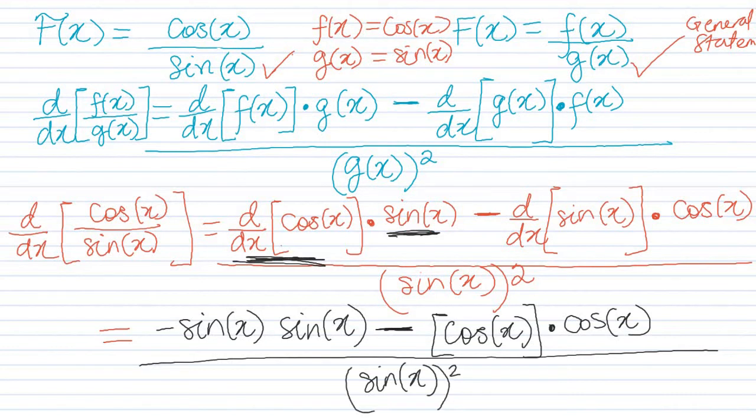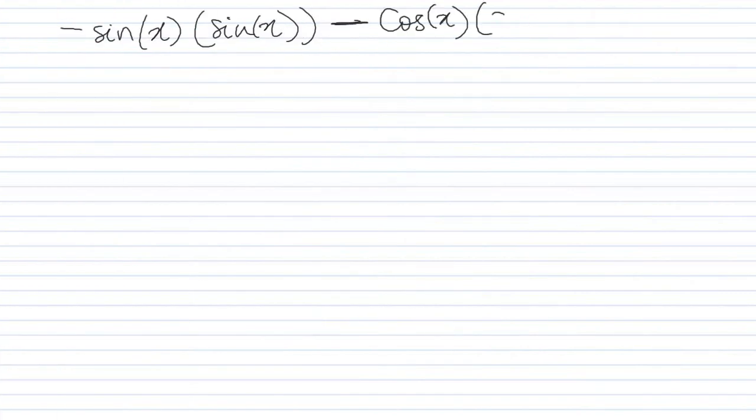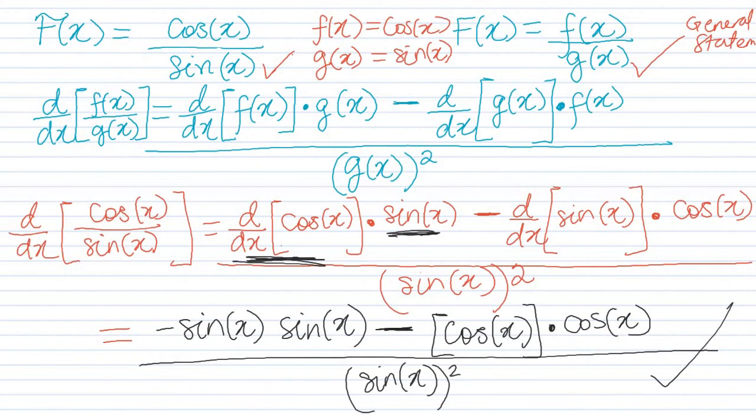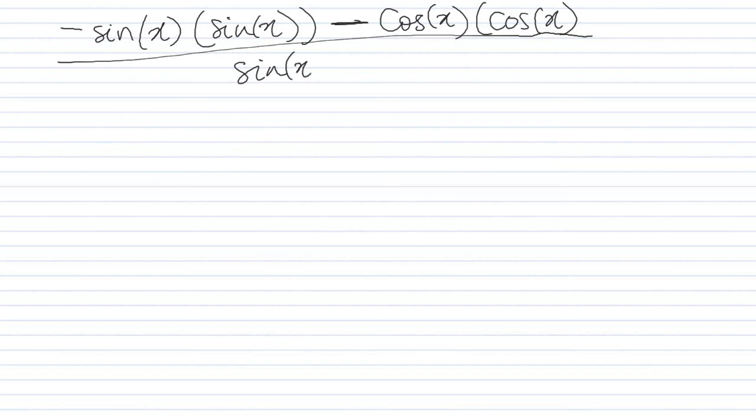So I'm just going to rewrite all that we have here on the next page. So we have negative sine x multiplied by sine x, right? Minus cosine x multiplied by cosine x. All of that information divided by sine x all squared. So you have negative sine squared of x, so sine x multiplied by sine x, right?